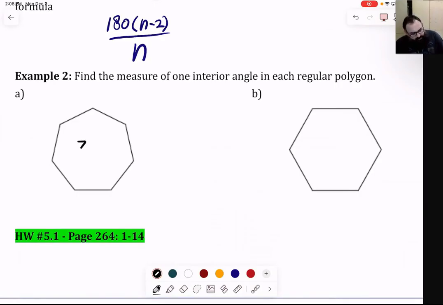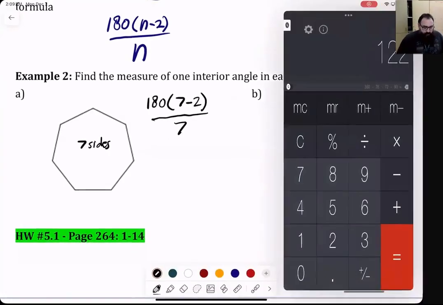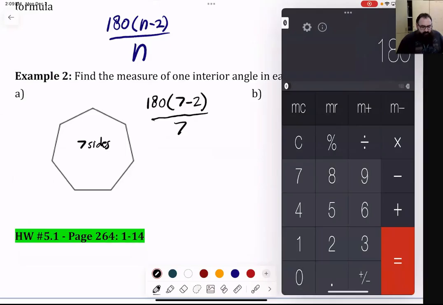So this one, we have 7 sides. So how would I set this up? So you're going to get a fraction here, or a decimal, and that's okay. It's okay to get a decimal. So how would this look in your calculator? You do 180 times, so what is 7 minus 2? 5, right?